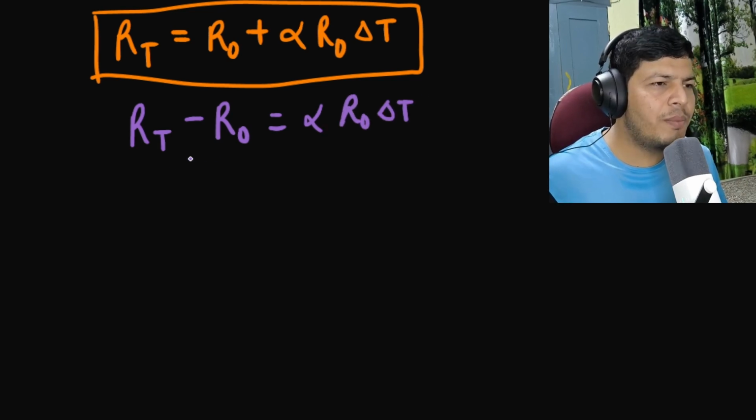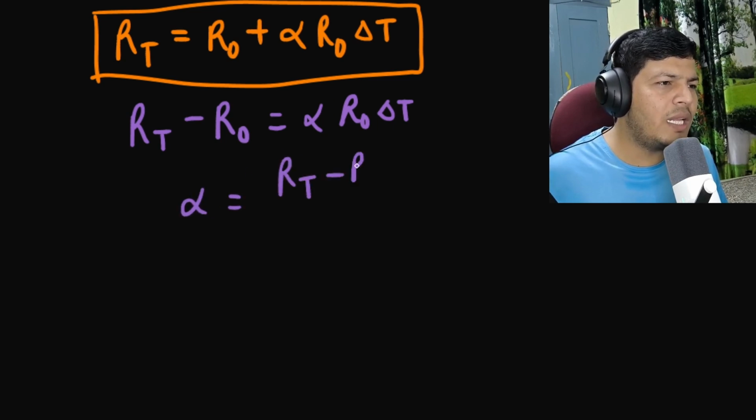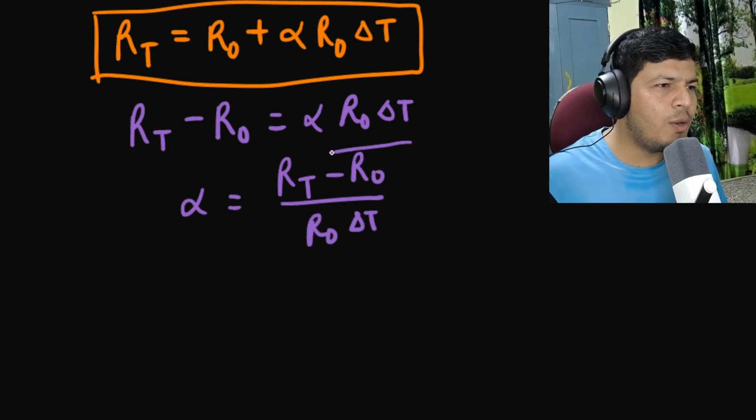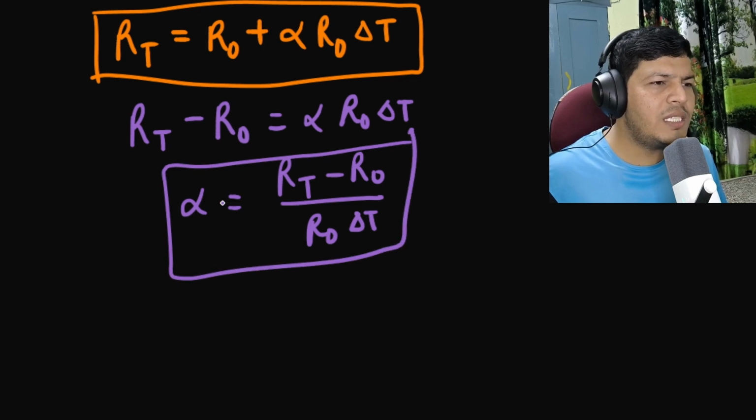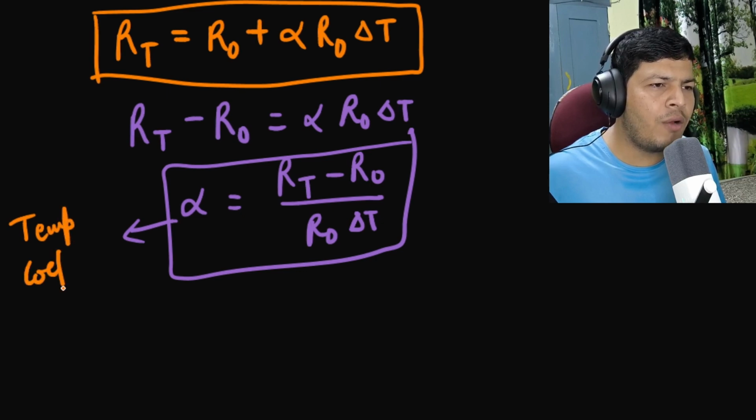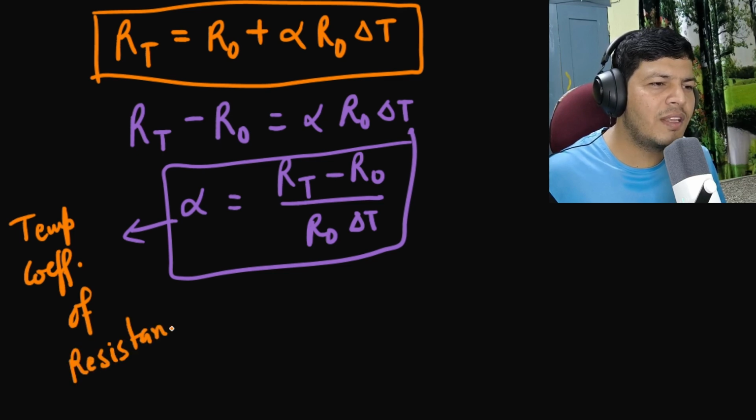This is the first step. Then second, I take alpha on one side and put all the other terms on the other side like this. Now this alpha is the temperature coefficient of resistance.